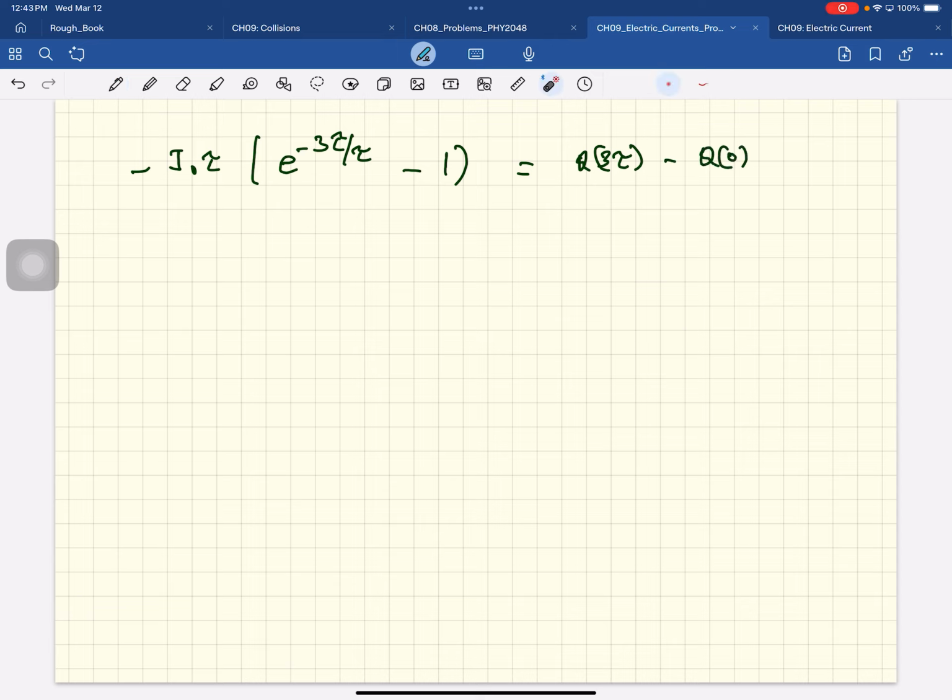So that's the net charge that has flown between these two times. Okay. Now this is e to the power of minus 3. This is smaller than 1, so we'll absorb a minus sign. So I naught times tau times 1 minus e to the minus 3. Okay. So now, that's what we want to calculate.